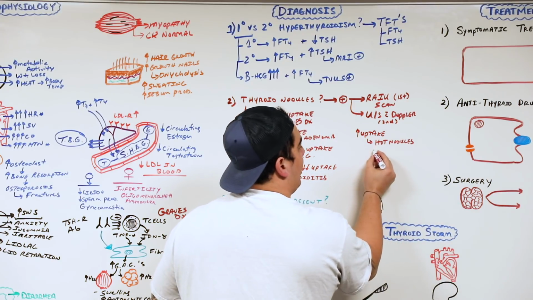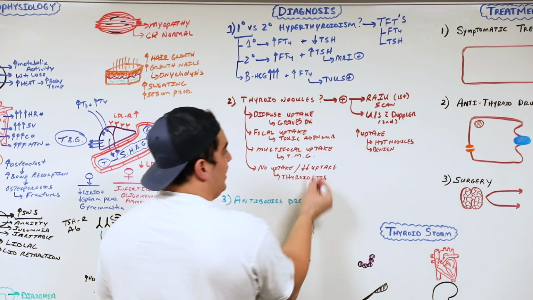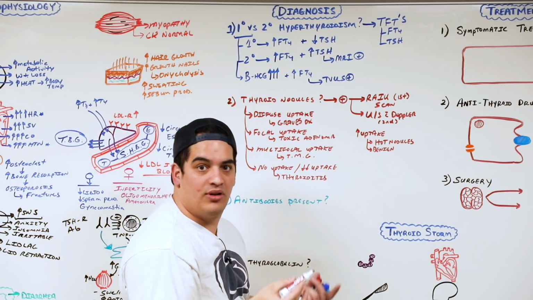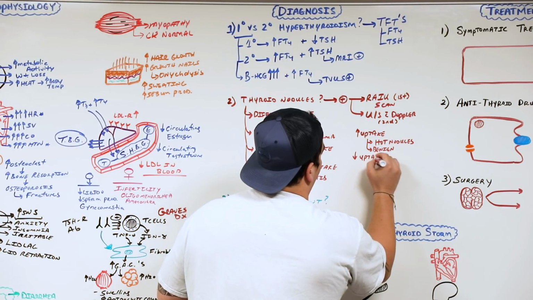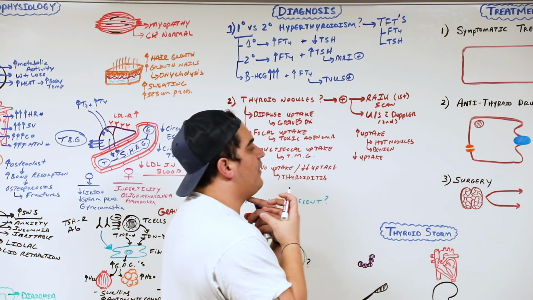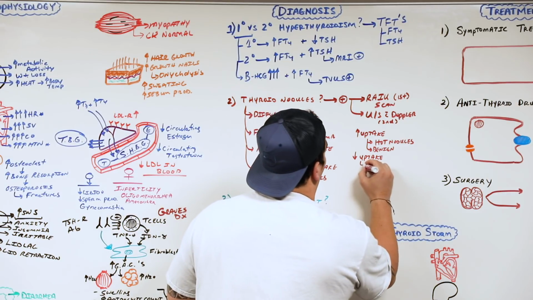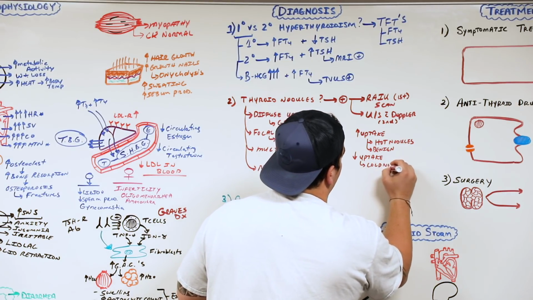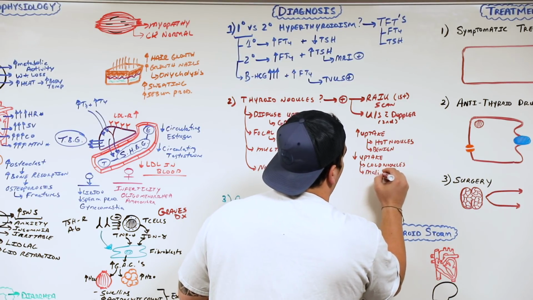Usually hot nodules are more likely to be benign, and one of these issues here, particularly the toxic adenoma or toxic multinodular goiter. If there's a decreased uptake, usually that area on the scan is less dark or white. And so we call those cold nodules. And those have a higher risk of being malignant.